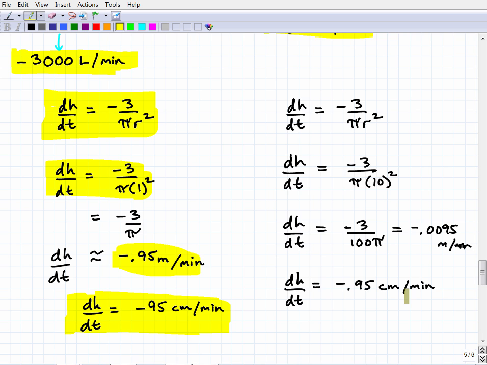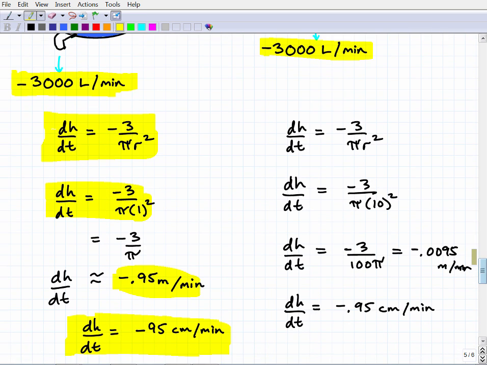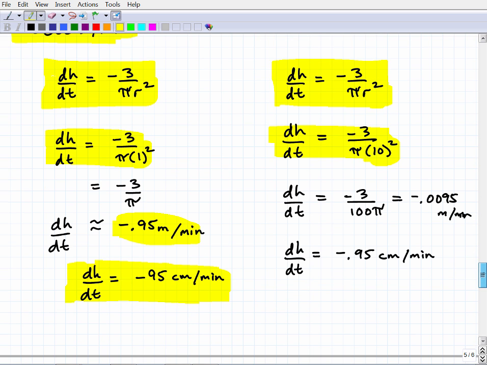Okay, so keep that in mind. Now let's go back over here to our other tank where we had a real wide radius, say 10 meters, and let's do the same calculation. Okay, so again, we're using the same solution, dh/dt, same answer, but obviously the radius is different. It's 10, so that's going to be 10 squared. So here is the math.